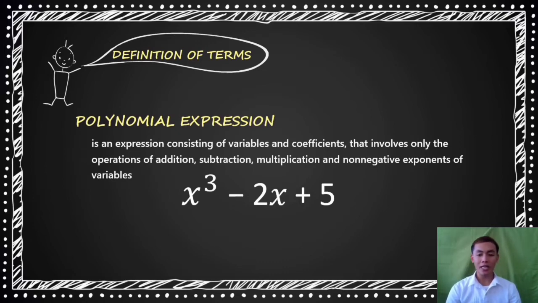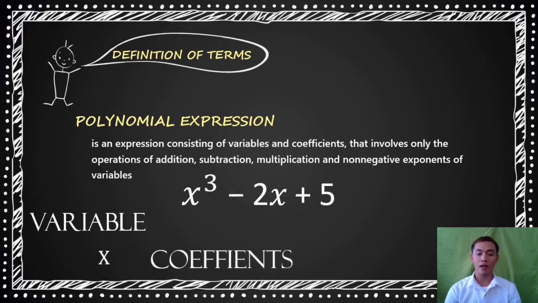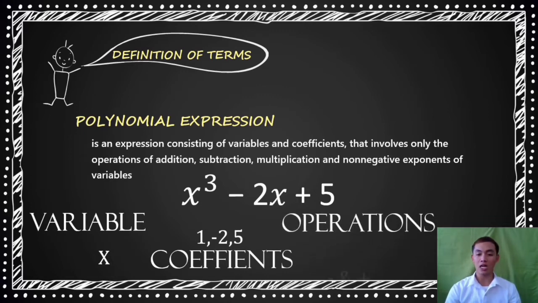First, we need to identify the variable. The variable here is x, the coefficients are 1, negative 2, and 5, and the operations are subtraction and addition.